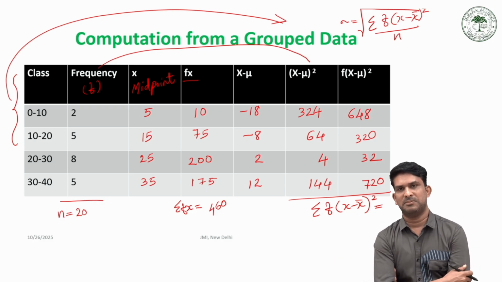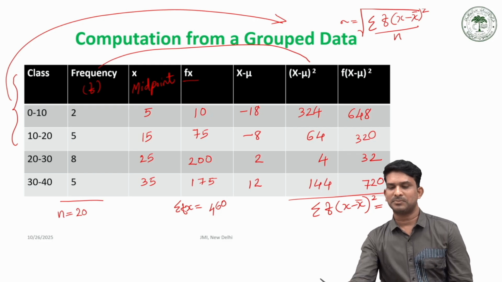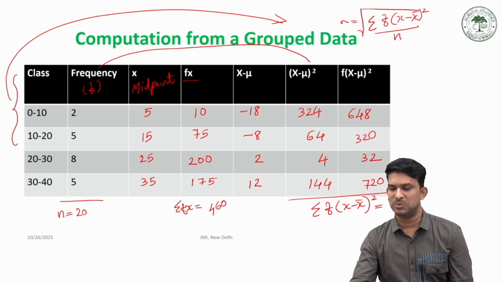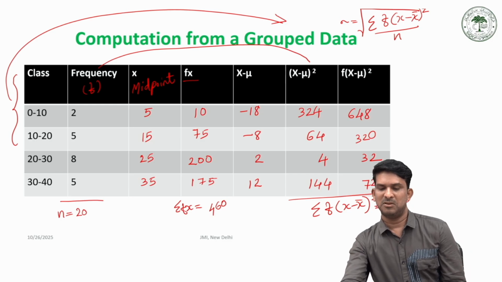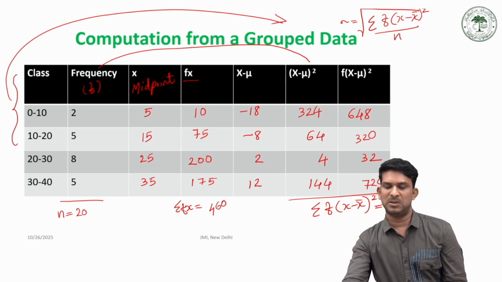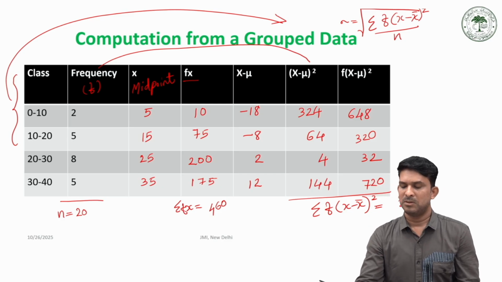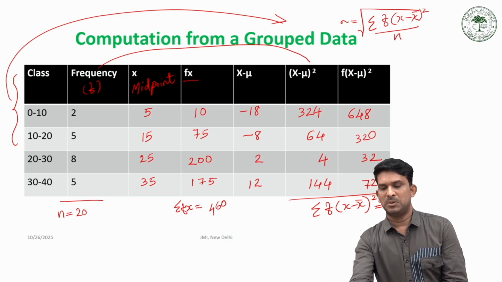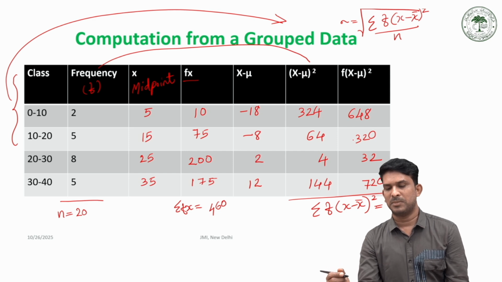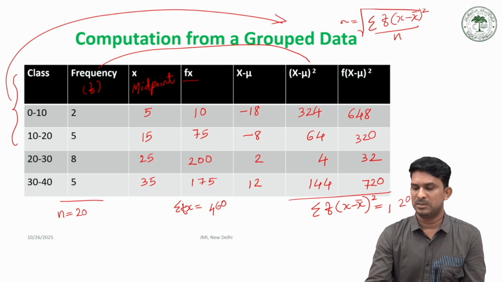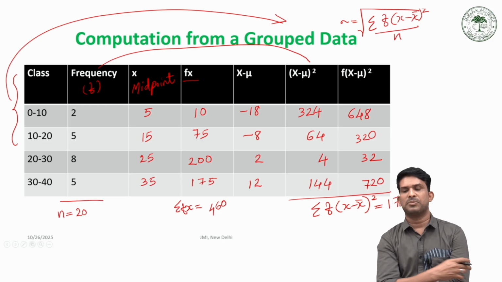Simply add it. 8 plus 2, 10, 10 plus 5, 15, 5 plus 2, 7, 7 plus 3, 10, 10 plus 2, 12, 1, 1 plus 6, 7, 7 plus 3, 10, 10 plus 7, 17. 1720. I got a value of 1720.